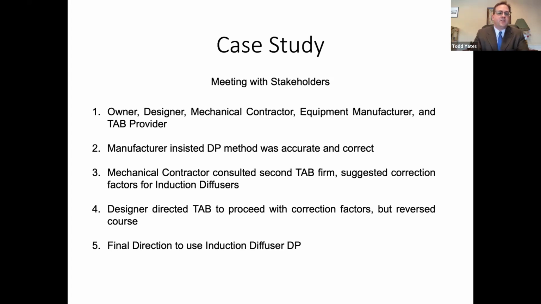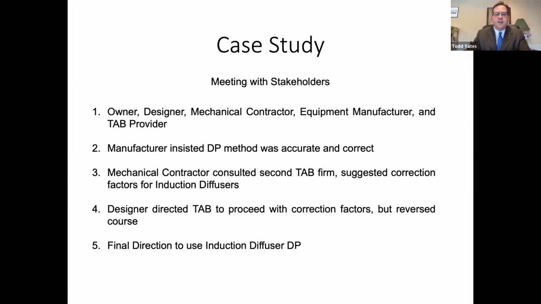And back to that chart I showed you earlier from the submittal, if you know at 70 CFM, this is the pressure drop, you can calculate a CV.